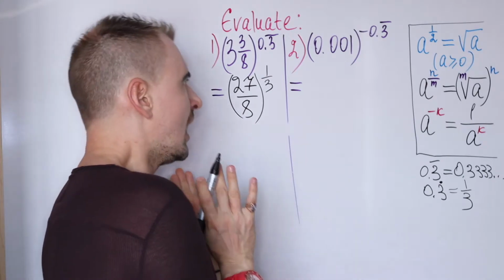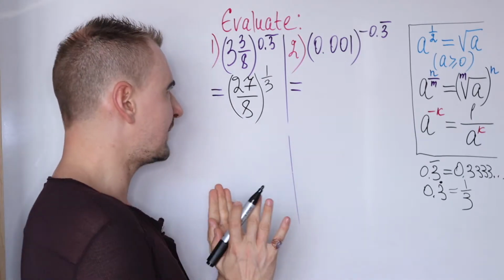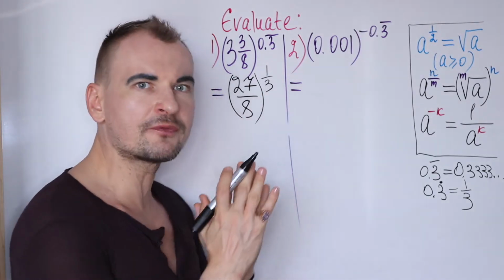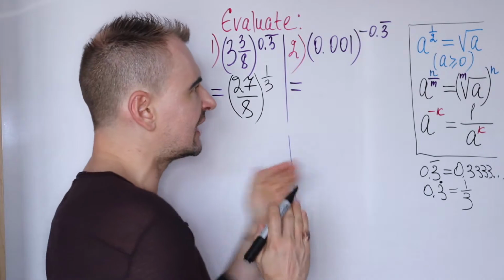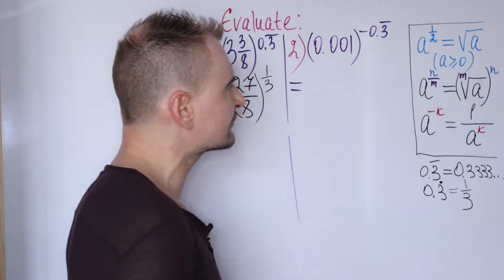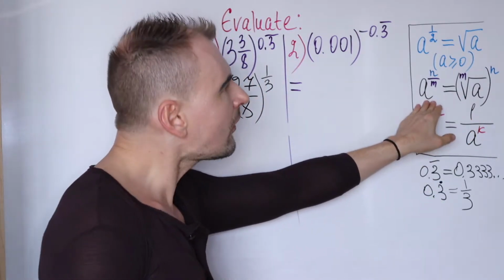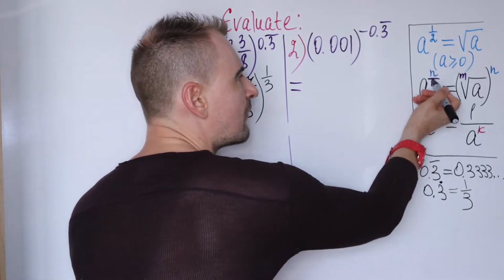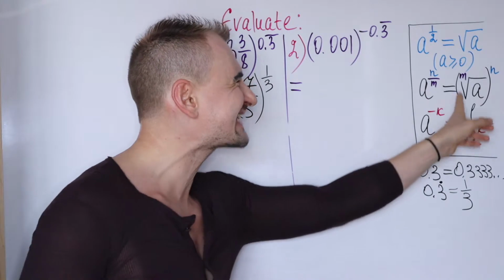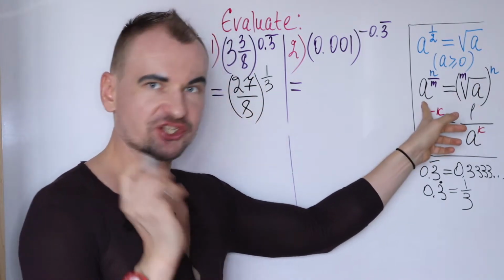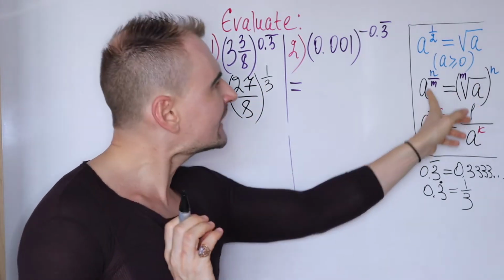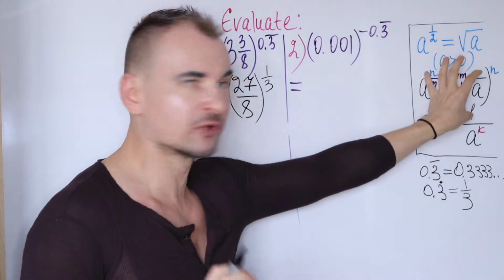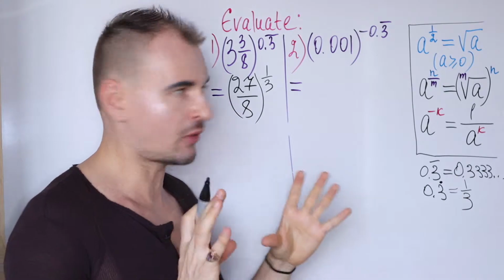Alright, now things are getting better. Since we have a fractional power, as a good rule of thumb, convert it into a radical form, and I'm going to use the second property. All that means is that the bottom of the fractional power takes a root of this base number, and the top number n raises whatever you get to that power.